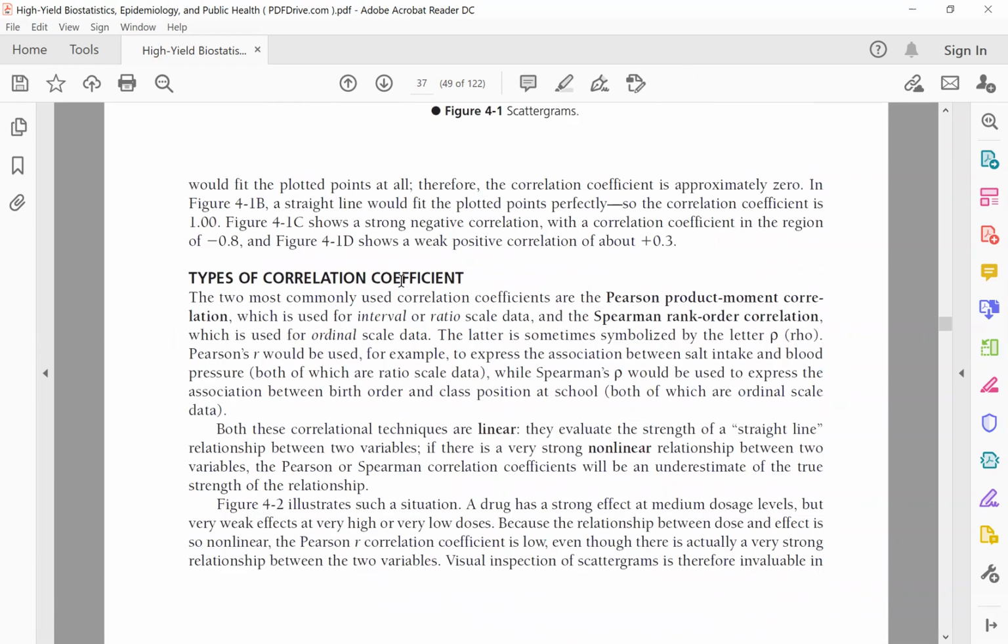Types of correlation coefficient. The two most commonly used correlation coefficients are the Pearson product-moment correlation, which is used for interval or ratio scale data, and we know that ratio involves a true zero, while interval does not, and the Spearman rank-order correlation, which is used for ordinal scale data. So Pearson, interval or ratio; Spearman, ordinal.